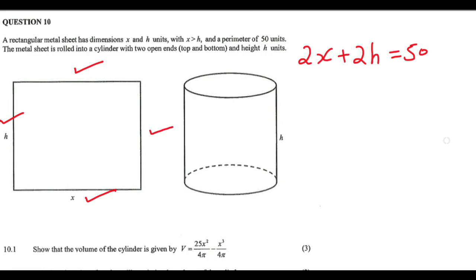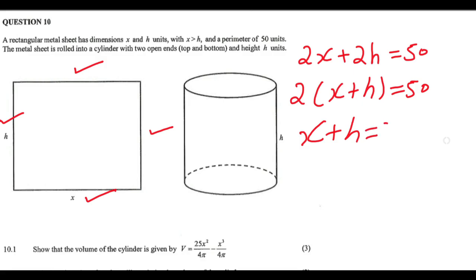Now, 2 is common, so we are left with x plus h is equal to 50. Dividing both sides by 2, the answer will be 25. Now we need to find the h here. So h will be 25 minus x. So we got the value of h.